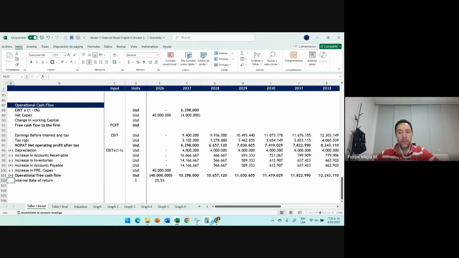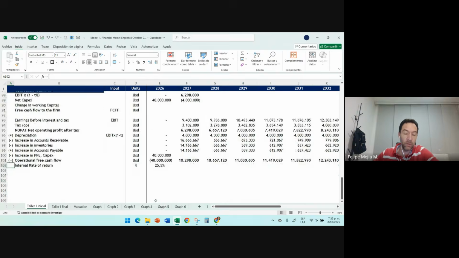If you remember your finance classes, this internal rate of return of 25.5% leads to the acceptance of the project only if this internal rate of return is higher than the weighted average cost of capital. That is the average percentage demanded or required by both equity investors and the banks.